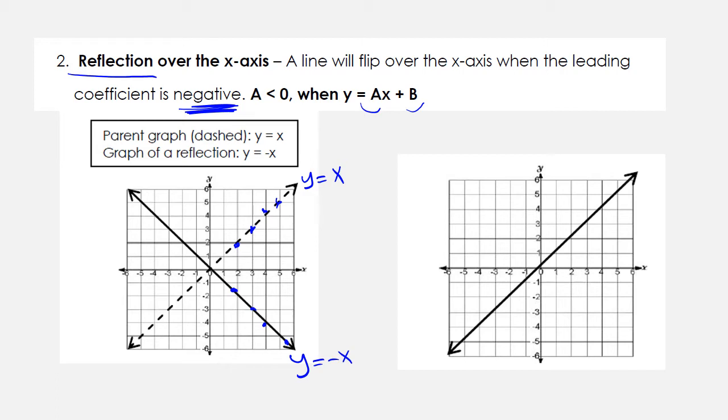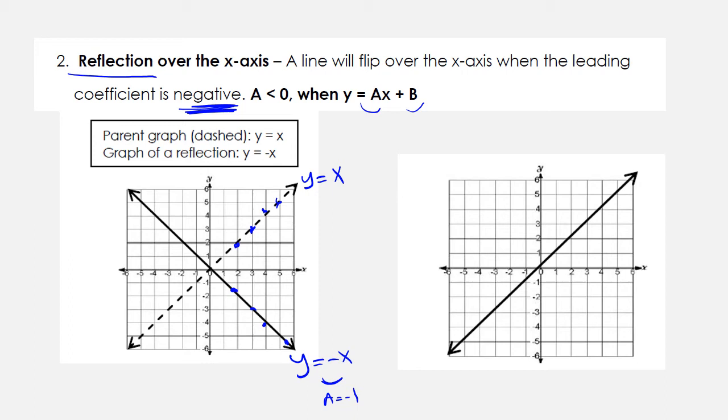And a value in here is negative 1. a = -1, indicating that this graph, y = -x, is a graph of parent function after it's been reflected over x-axis.